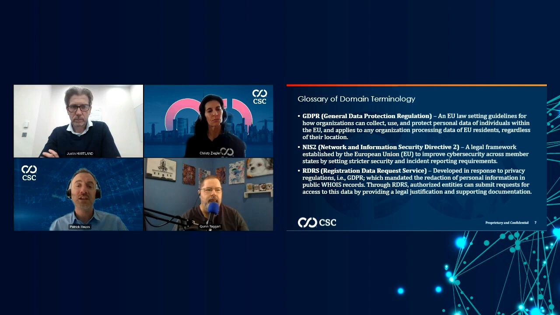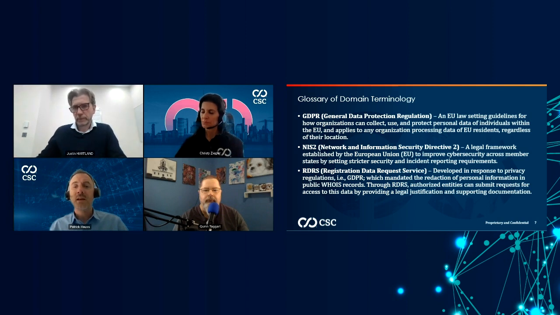So for example, the obligation to collect and maintain accurate and complete domain data, meaning the whois data, the obligation to have policies and procedures in place to verify this domain data, and also the obligation to make some of this data publicly available, especially when this data is not personal data.